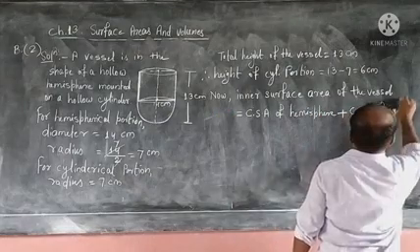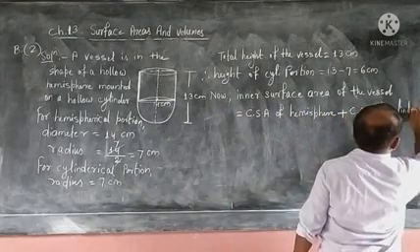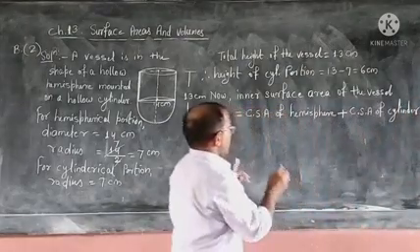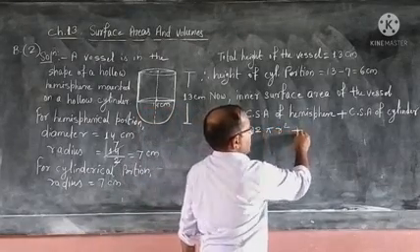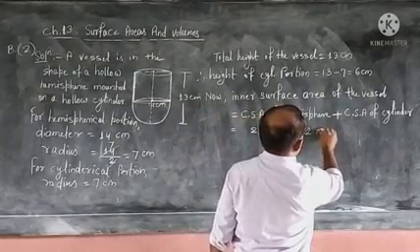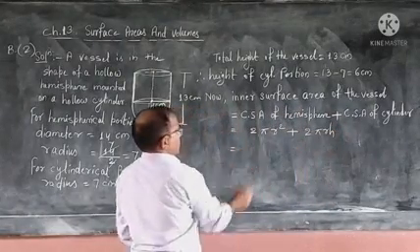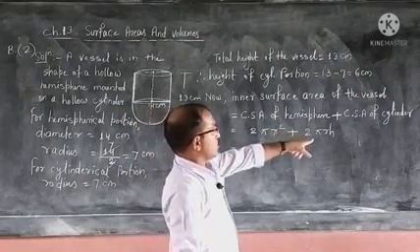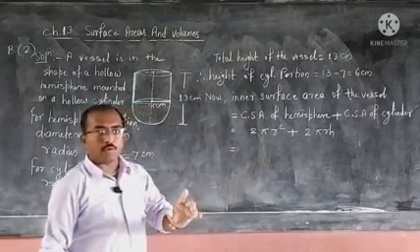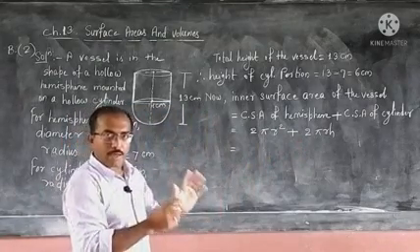We know the formulas, curved surface area of hemisphere 2 pi r square, curved surface area of cylinder 2 pi r h. So, when we are using the dimensions, here is a radius, there is also a radius. So, we will be careful about which portion's radius or height we are using.